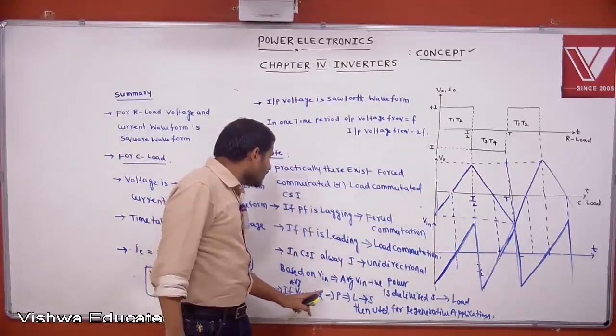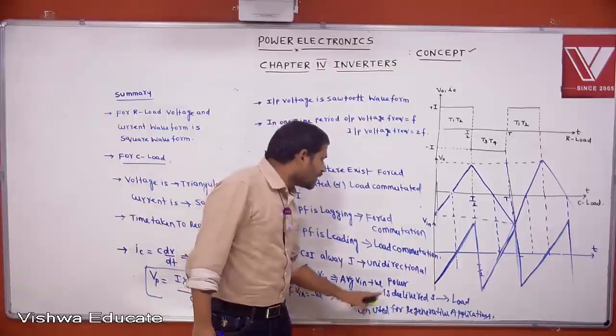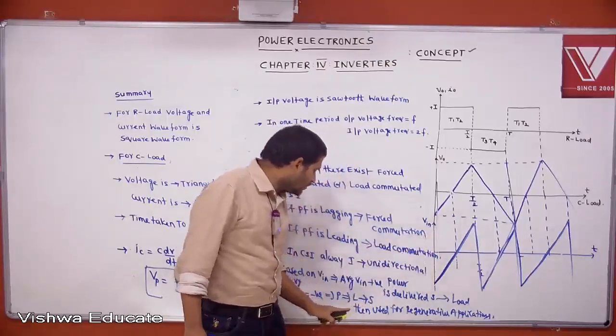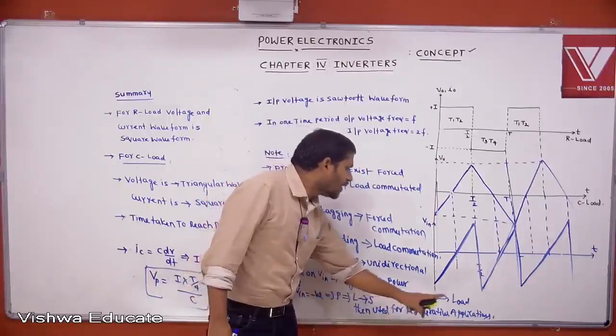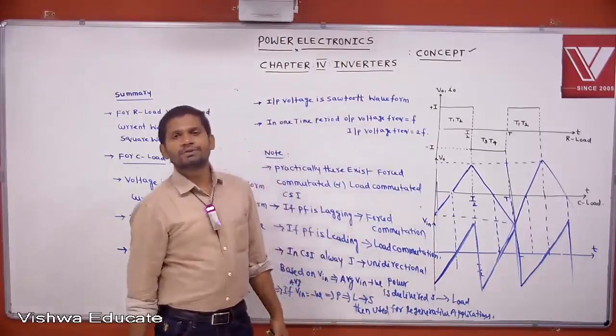If average Vn is negative, power is delivered from load to source, and it is then used for regenerative applications. This is about a CSI: I is always unidirectional, but based on average Vn being positive, power is delivered from source to load; if average Vn is negative, power is delivered from load to source, used for regenerative applications.